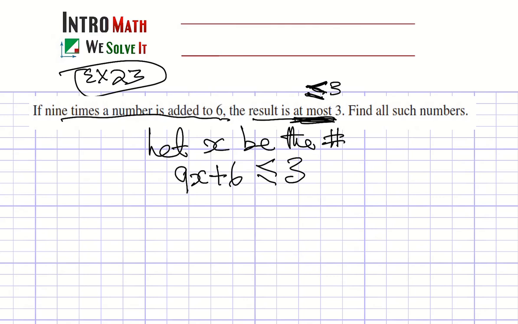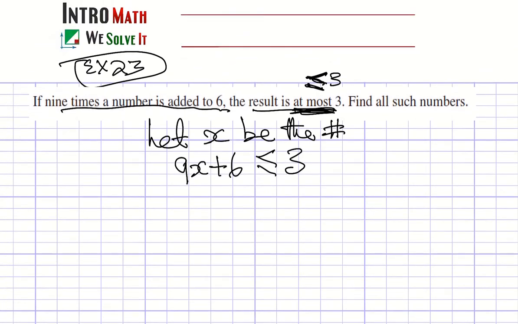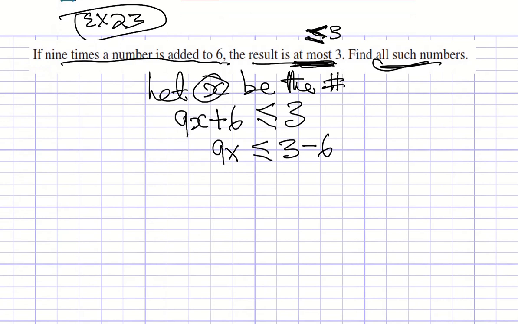Once you set it up, the rest of the stuff is easy to solve, but you gotta set it up first, okay? So once you set it up, you find such a number. We're looking for that x. So we'll say 9x, we'll proceed the way we've been doing it, less than or equal to 3 minus 6. You move 6 over, okay?